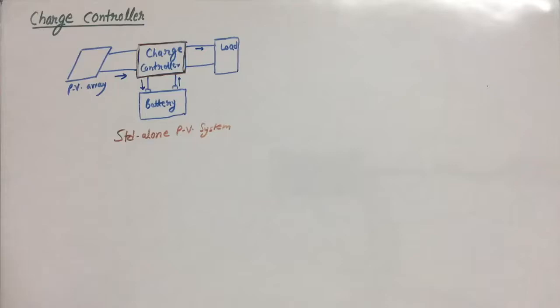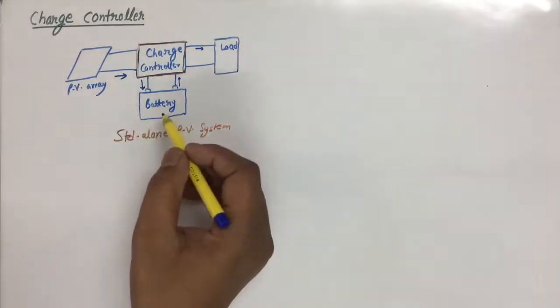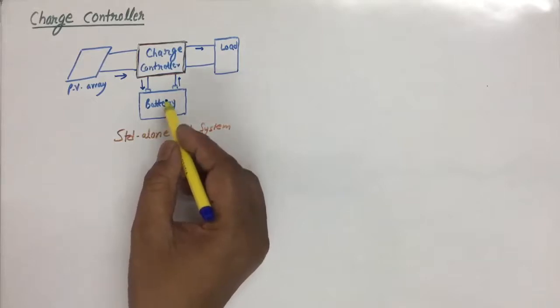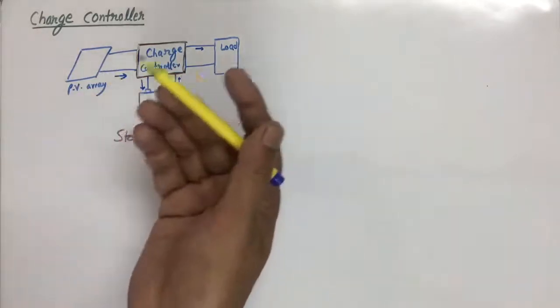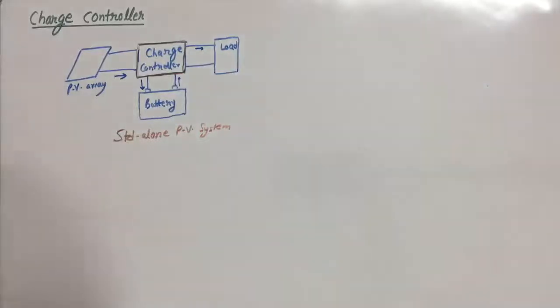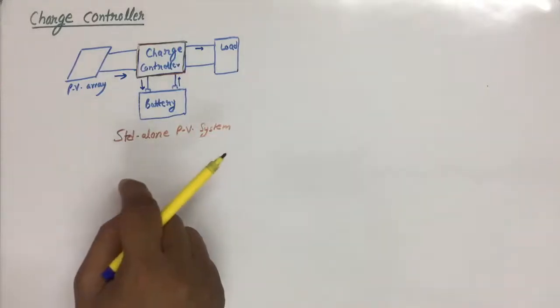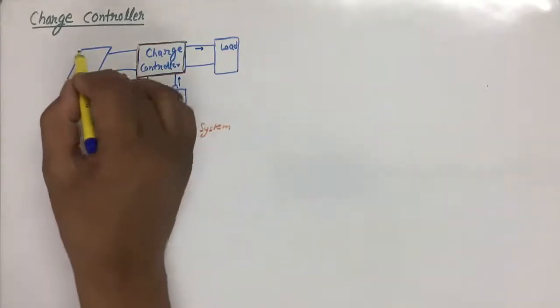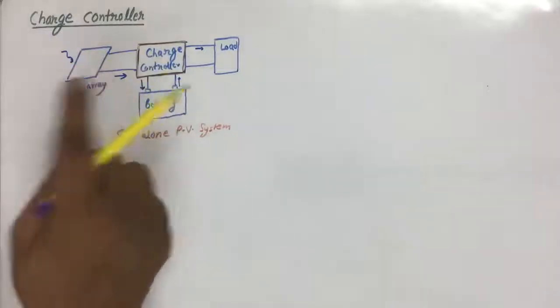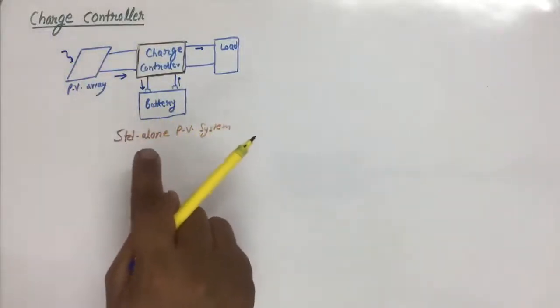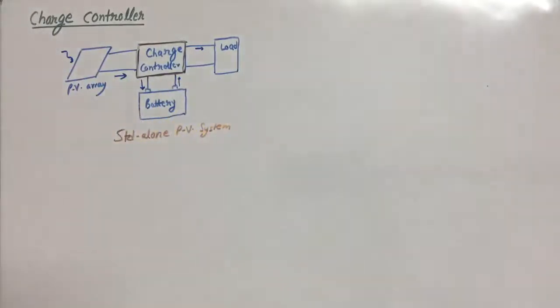We know the battery performs poorly under overcharge and over discharge conditions. We have discussed this in detail, and we have also seen that irradiance affects the charging and discharging of the battery.